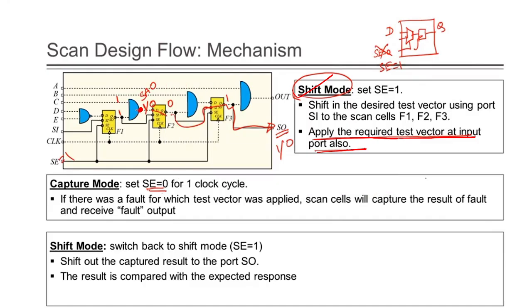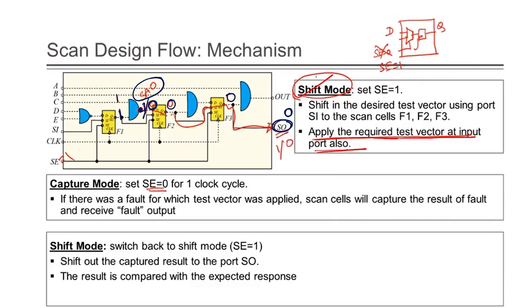This point is stuck at 0. I am giving the input as 1 1. Normally I need to get 1, but it is stuck at 0, so the output becomes 0. This output is passed through this pin, again passed through this pin, and then to the SO pin. At the SO pin I get 0, but normally I expect 1.